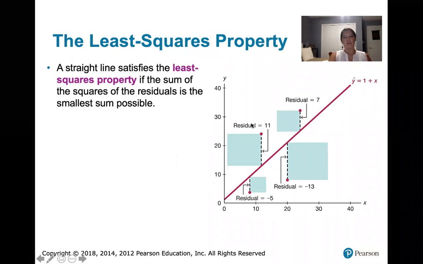Okay. That means we're taking these residuals, which is the difference between our actual y value and our predicted y value. And we're trying to make those differences, which we would think of as an error. It's an error between the prediction and reality, the actual y value. We're taking those errors and we're squaring them, and we're saying, what line would we draw if our errors were as small as possible?